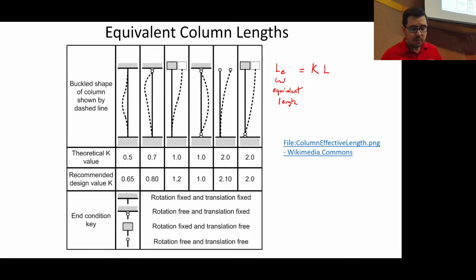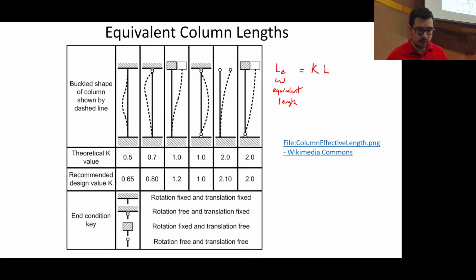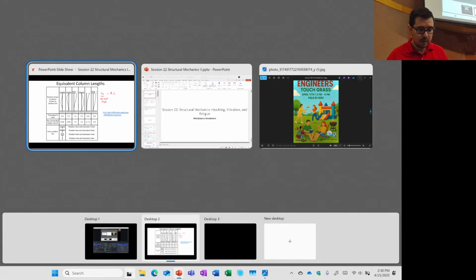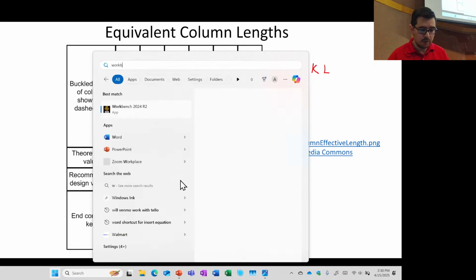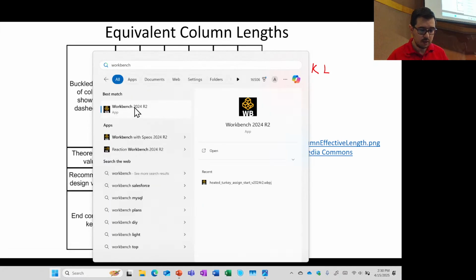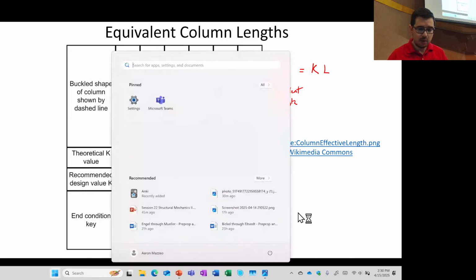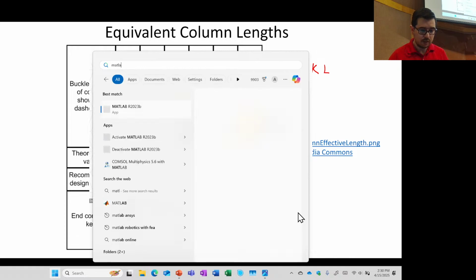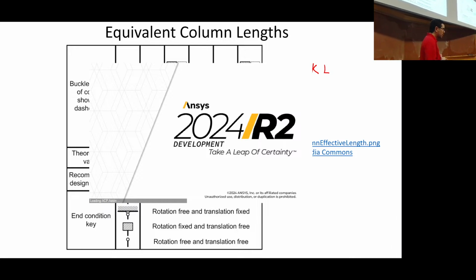Maybe we'll just go ahead and go to ANSYS and we'll come back to this in a second. Let's do a couple of things here. We'll get Workbench going, and we'll also get MATLAB going. And we'll see which one moves first and how badly this crashes my computer.